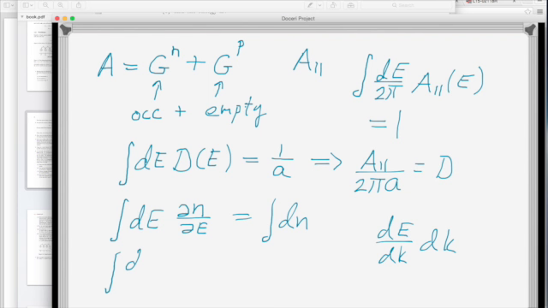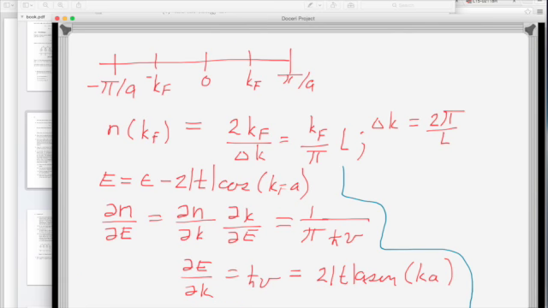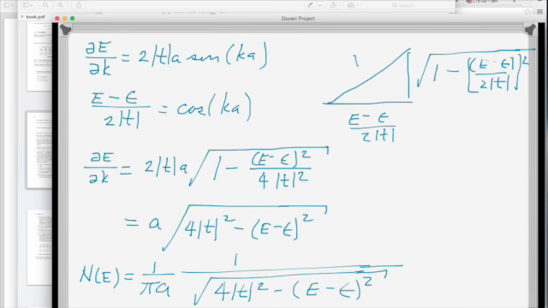So if I wanted to change variables, instead of integrating over energy, this integral is also the integral of dk times my density of states, and my density of states is dE/dk inverse.